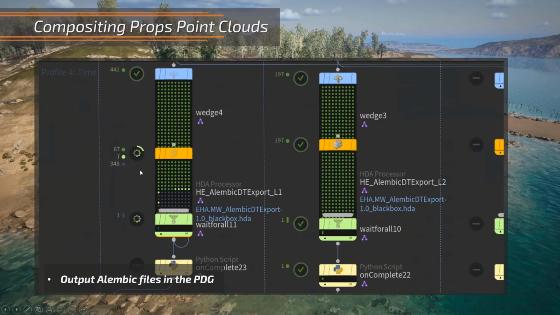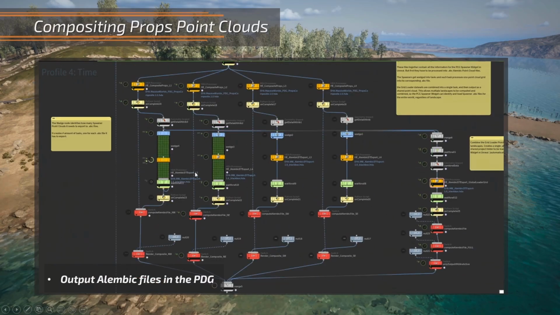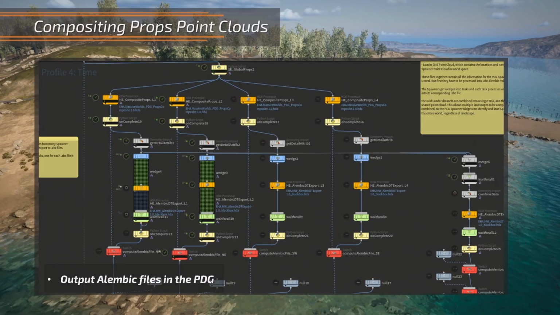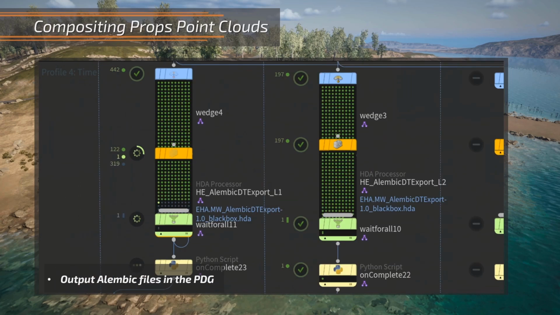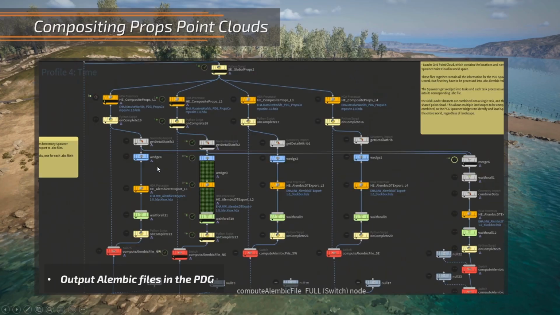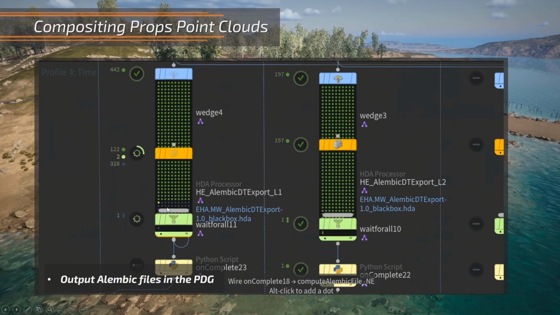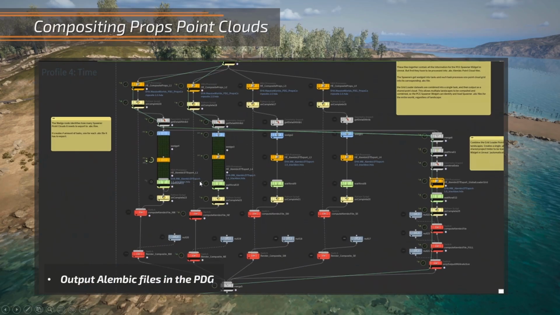The reason that I've split this out into the PDG task is simply because we can easily get up to hundreds or thousands of point cloud data files, Alembic files, that need to be rendered out. So having that as a parallel task, which the PDG is great at doing, is basically a better method of setting this up, at least in my opinion.